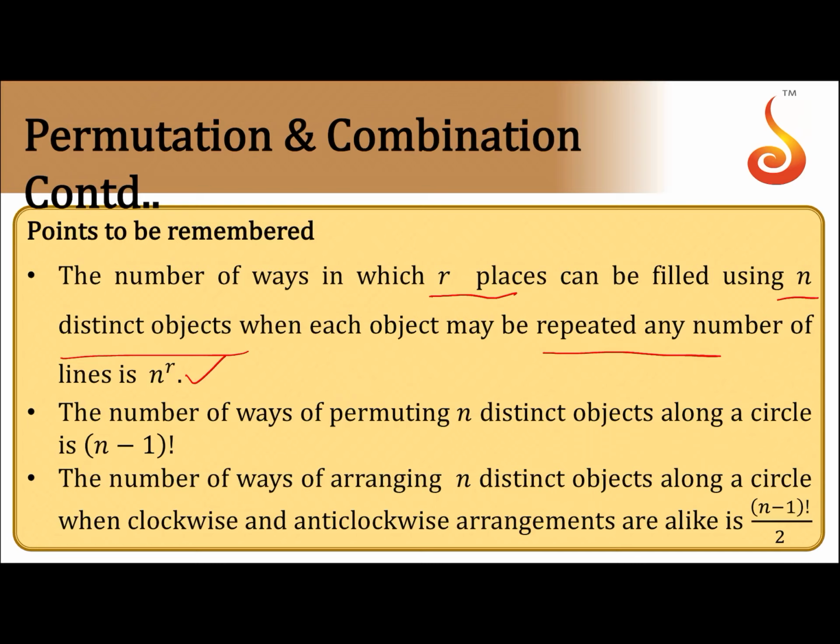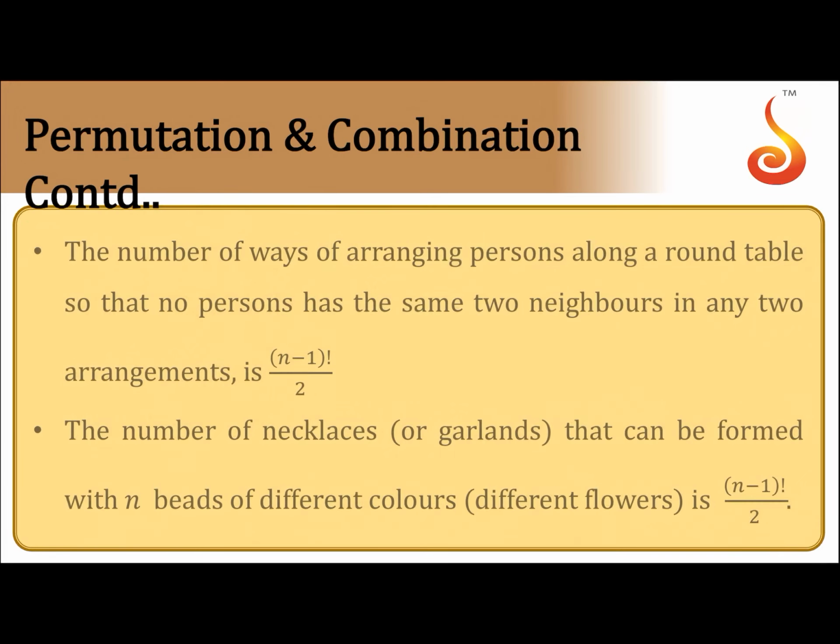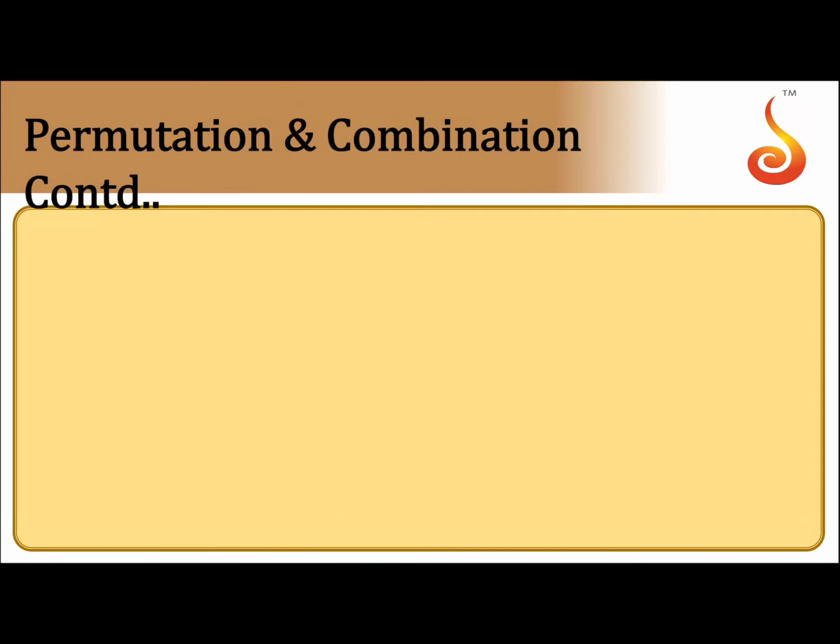That means the number of arrangements of n things taken r at a time when repetitions are allowed is n power r, the repetitive permutation formula. The number of arrangements of n distinct objects around a circle is (n minus 1) factorial in one direction, divided by 2 when both directions are considered.